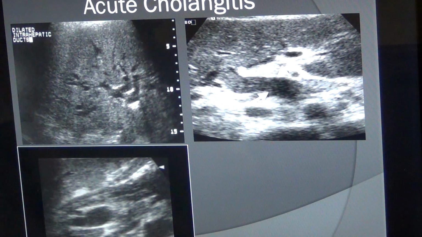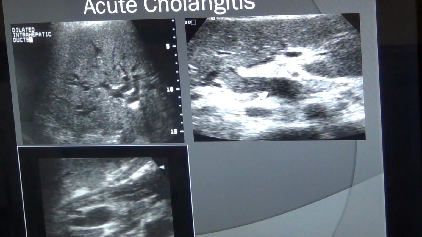You will see the patient's abdomen is distended because the liver is enlarged too. And you will see the WBC count is very high. Serum bilirubin level is high. So the patient is really sick.